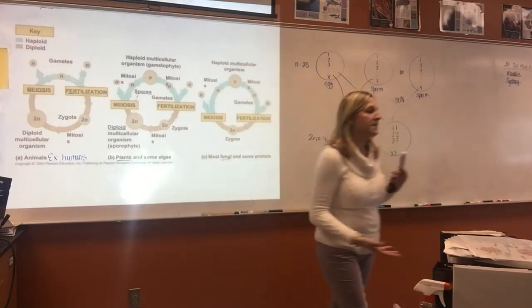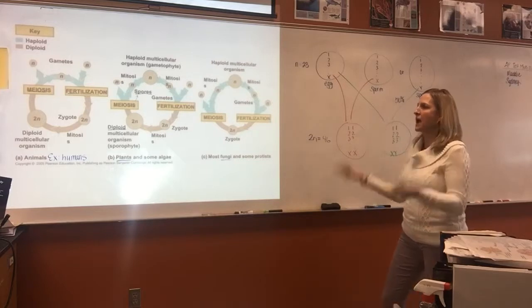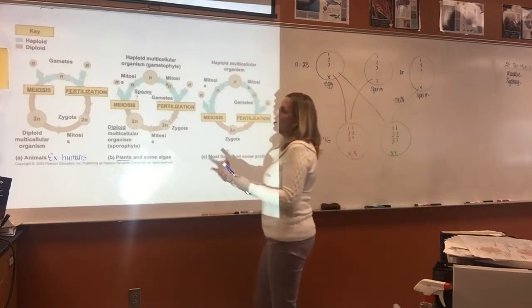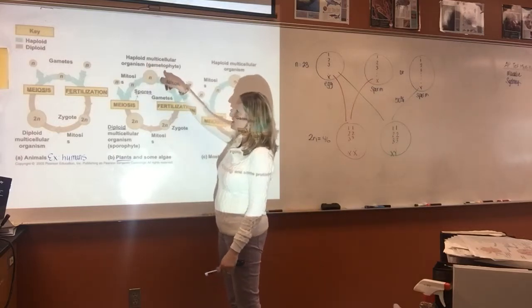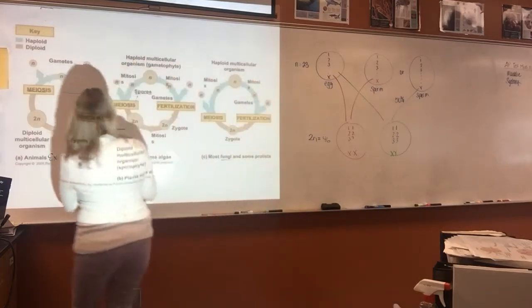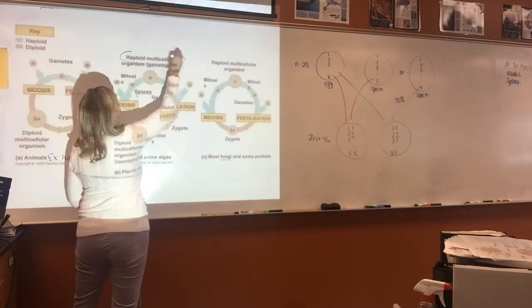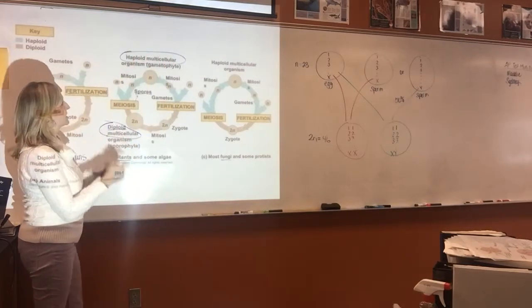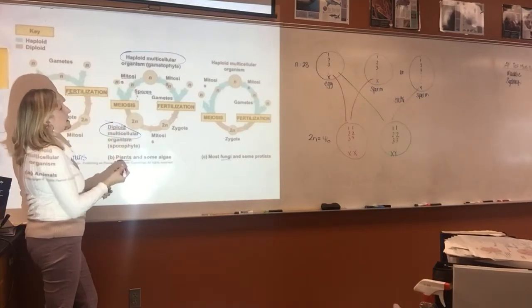Spores can be released and actually divide and grow into another type of multicellular organism called a gametophyte. So here we have a diploid multicellular organism and a haploid multicellular organism. Notice here that these spores can divide by mitosis.